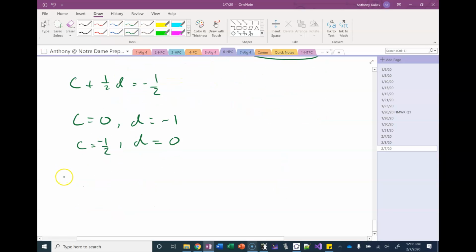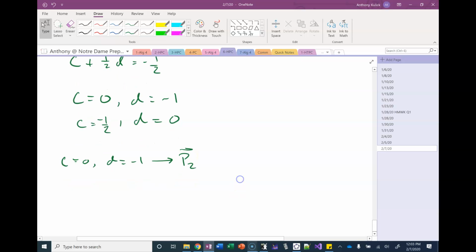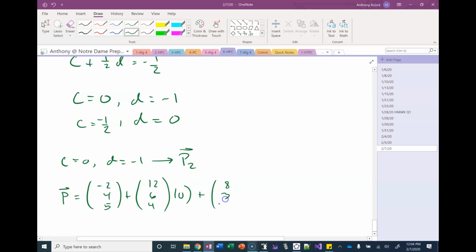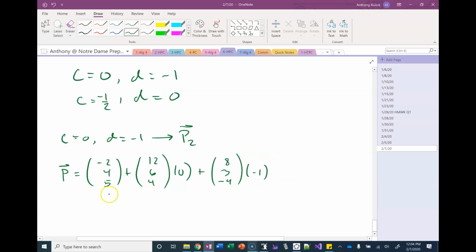So now I'm going to take C equals 0 and D equals -1 and plug that into plane 2. So what does this give me? This gives me the point -10, +1, +9.